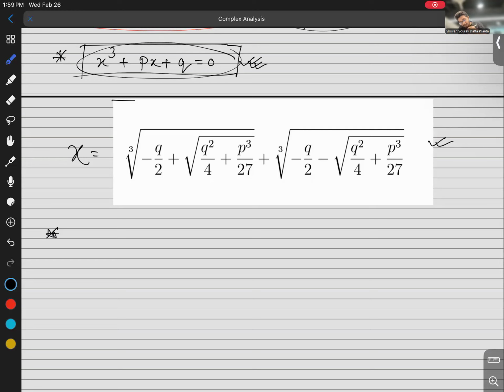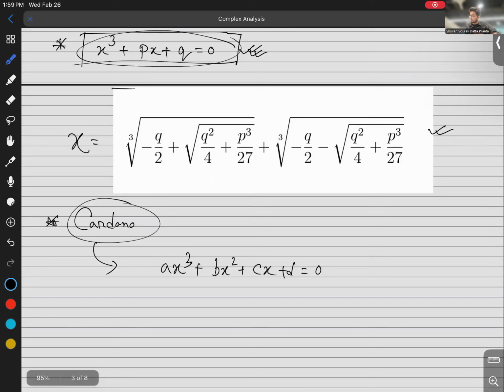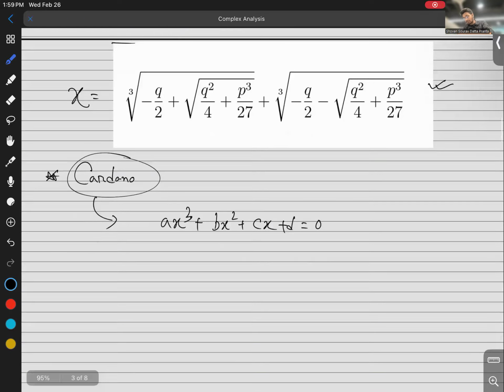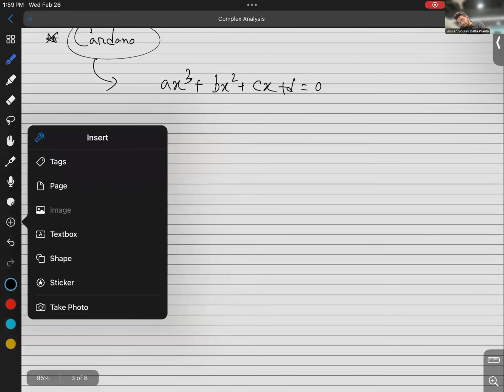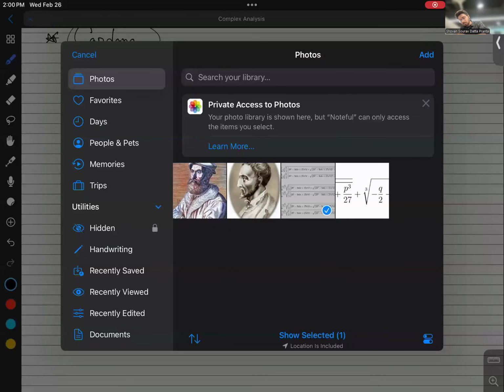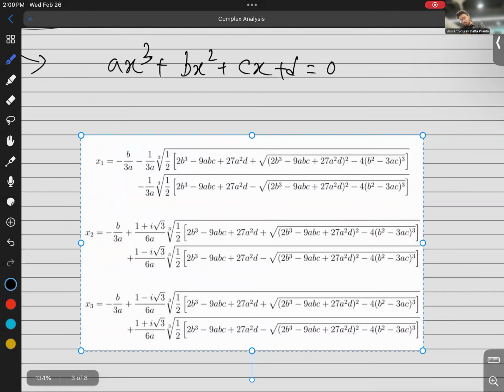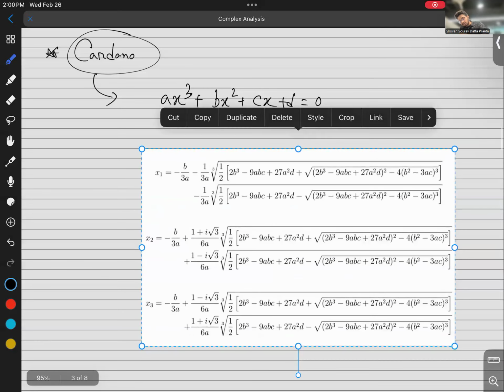So yeah, and then later Cardano came up with the idea to solve the general version of the cubic equation, ax cubed plus bx squared plus cx plus d is equal to 0, and the general version was mentioned as, if I just add the picture here, this is the general version of the cubic equation.